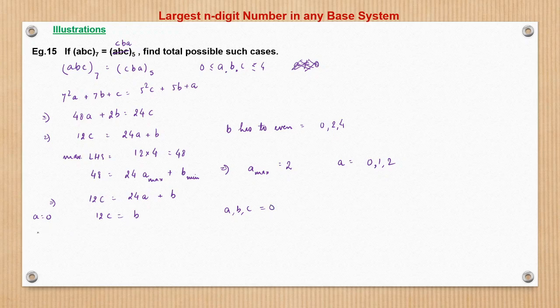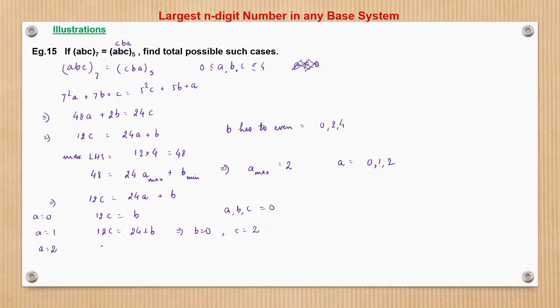This is the case. Then if A is equal to 1, it becomes 12C is 24 plus B. So from here we get B is equal to 0 is a solution, B is equal to 0 and C is equal to 2.